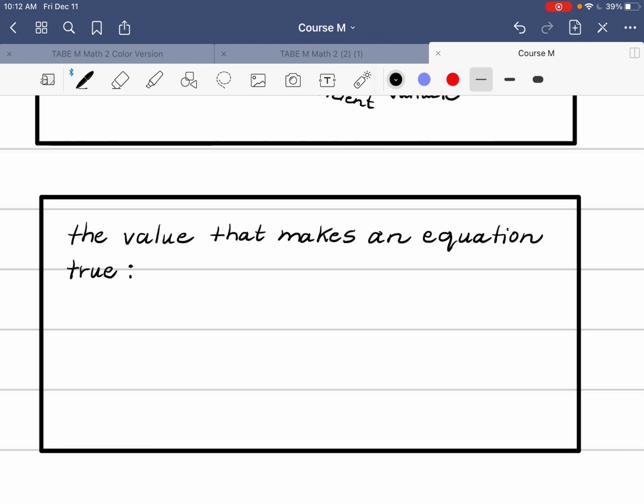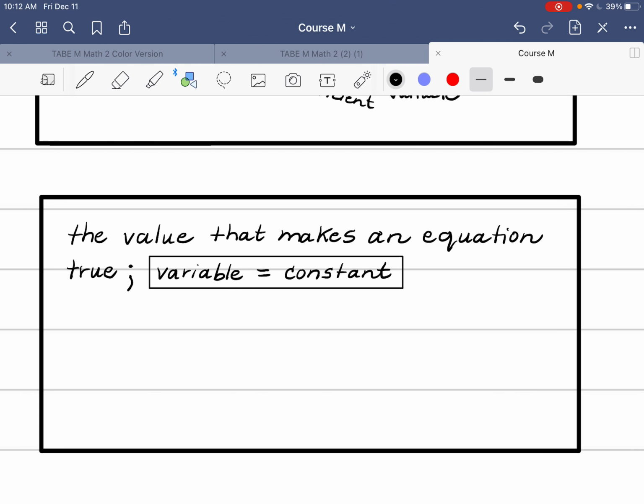A solution needs a variable equaling a constant. Okay, so a solution in standard form is going to always put the variable first. And you'll see me talk about that too. Standard form is to always put the variable first.